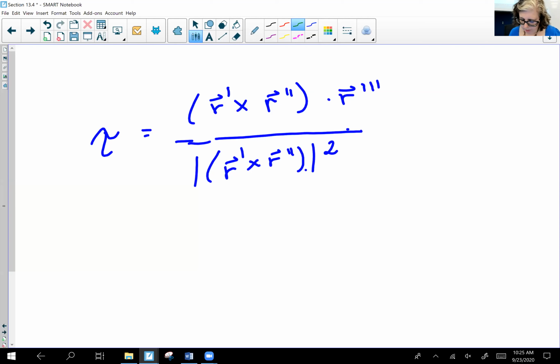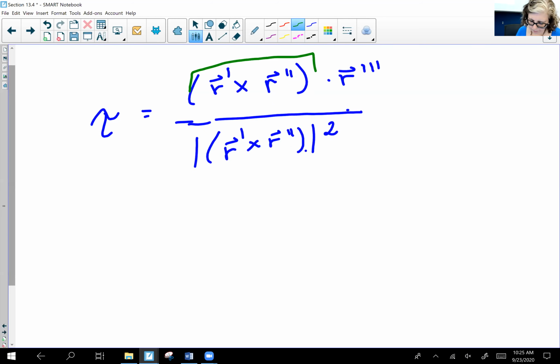Because what's going on here is we're going to get a vector that comes out of here, aren't we? And this is what we're moving into.